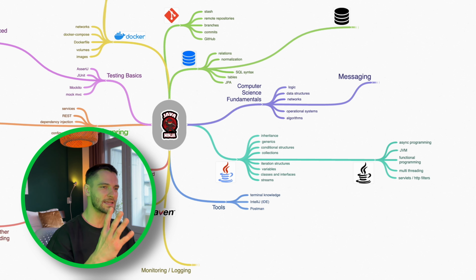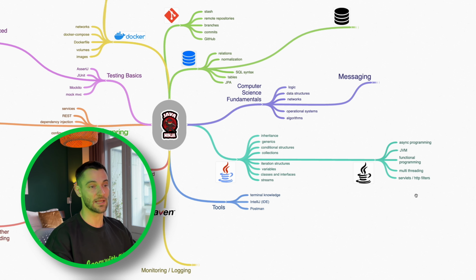Next is multi-threading, very hot topic in Java, not used a lot in your day-to-day life, but it is very important because multi-threading is all about concurrency and executing your application in parallel and splitting the execution of your application as well.